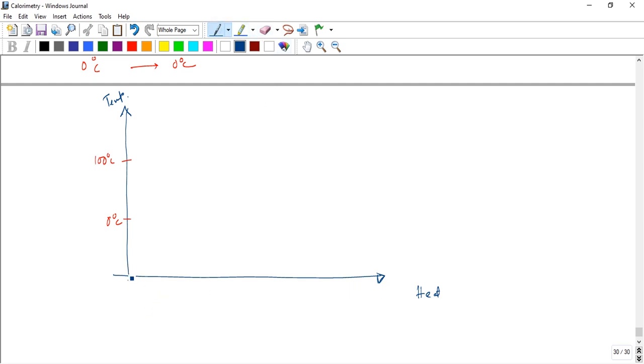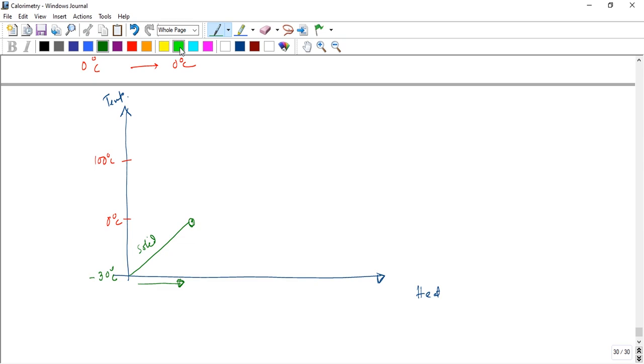So see the diagram here. Heat is increasing, and the temperature goes from, suppose, minus 30 degree centigrade to 0 degree centigrade. So heat is increasing, but the state stays solid, no change.